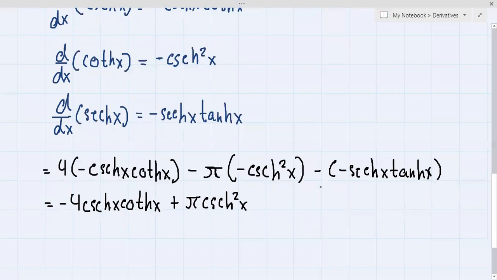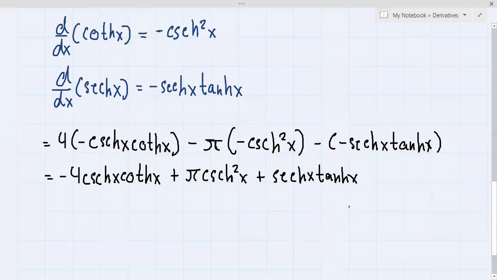The last term, minus negative secant hx tangent hx, becomes positive. Remember, negative times negative is positive. This is already a valid answer.